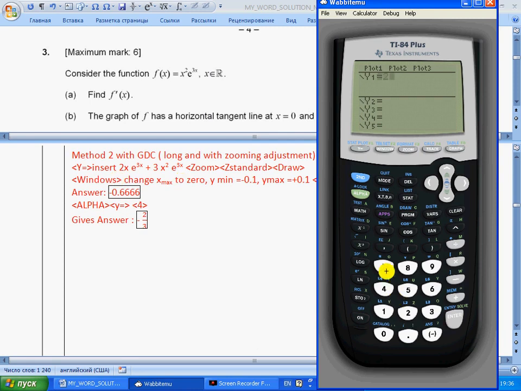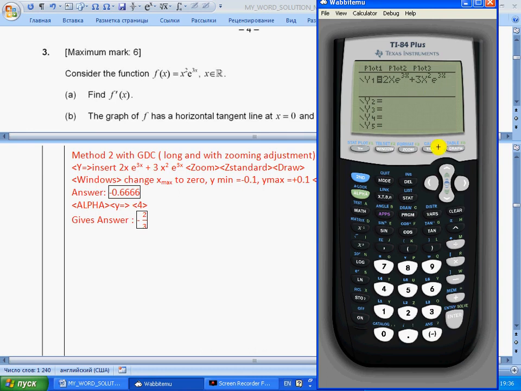It is 2x, second e raised to 3x, to the right plus 3x squared, second e raised to 3x. Let us go to the right and check: 2x e to the 3x plus 3x squared e to the 3x.